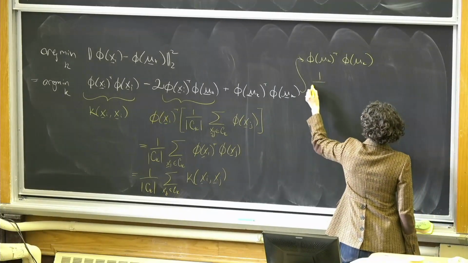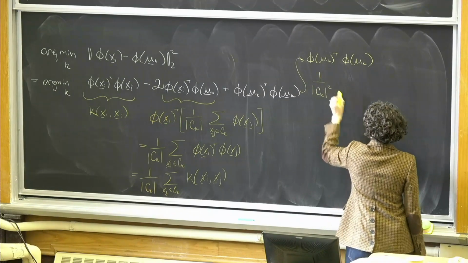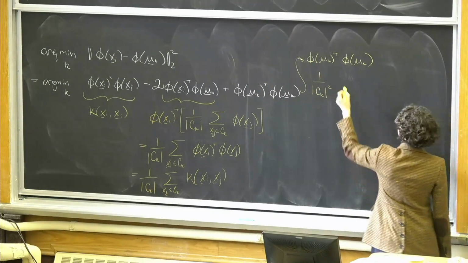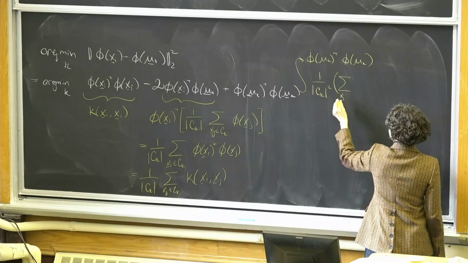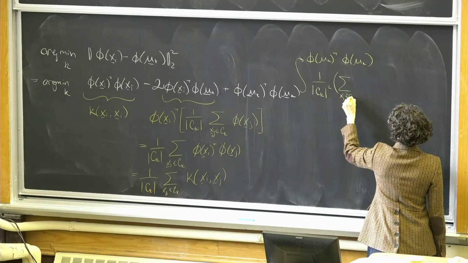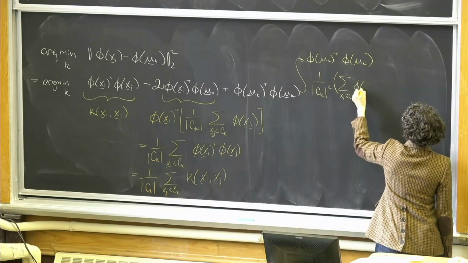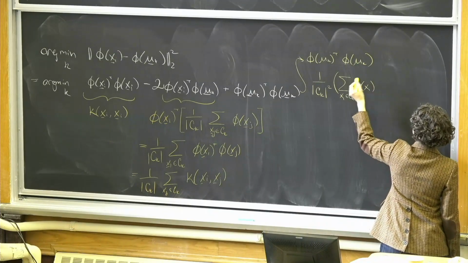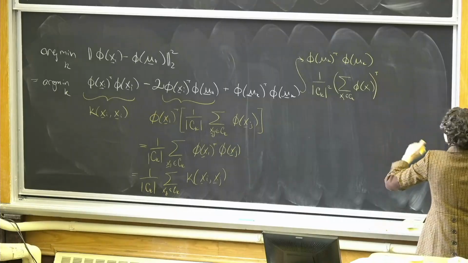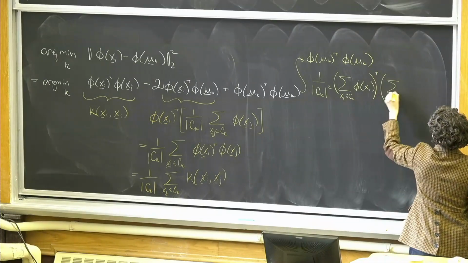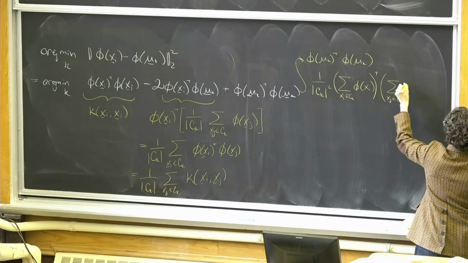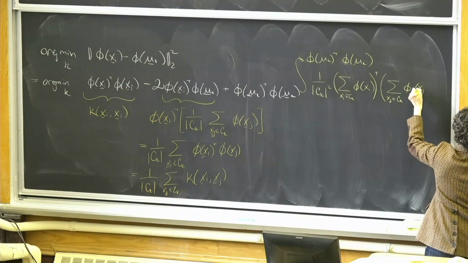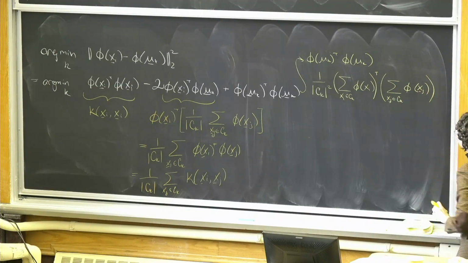So I'm going to have 1 over the size of cluster k squared, times the sum over all xi's in cluster k of phi of xi transpose, and then the sum over xj's in cluster k of phi of xj.